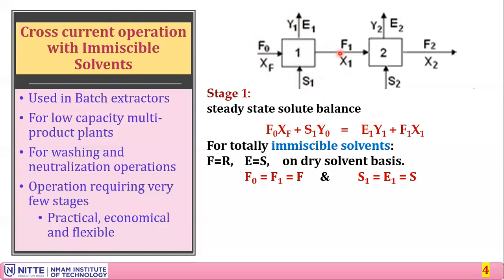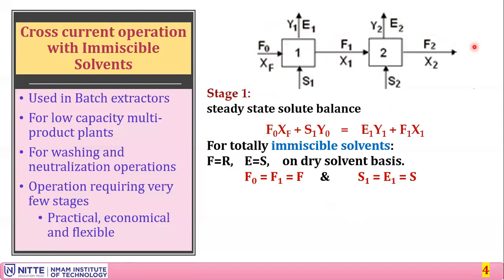Now if you say that the solvents are totally immiscible, that means this feed solvent does not enter the extract phase. In that case, F's all will be equal, and S will be equal to E. Otherwise F is equal to R. Let me say that F0, F1, F2, F3, like that it goes on, all are equal. And S1, E1, S2 and E2 all are equal. So let us have a common terminology for this.